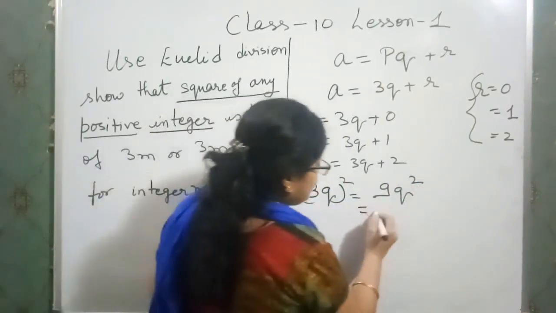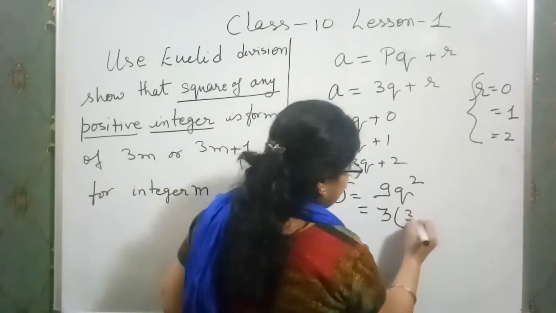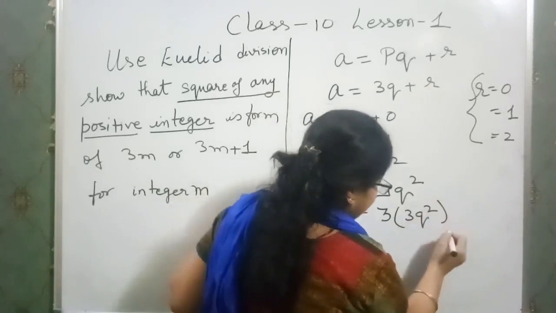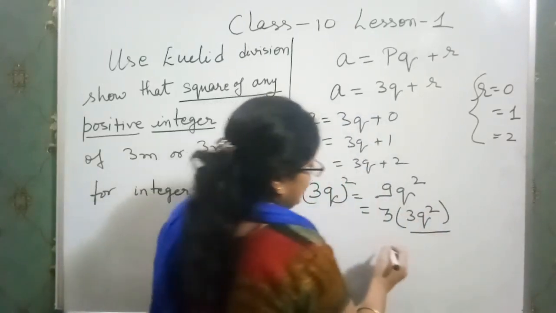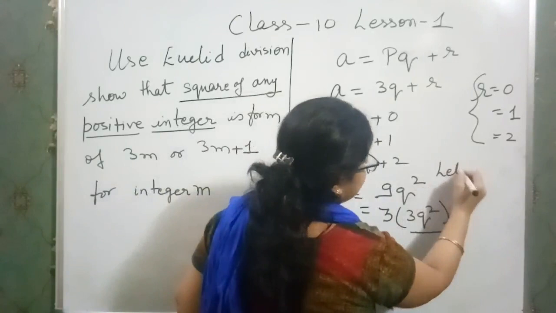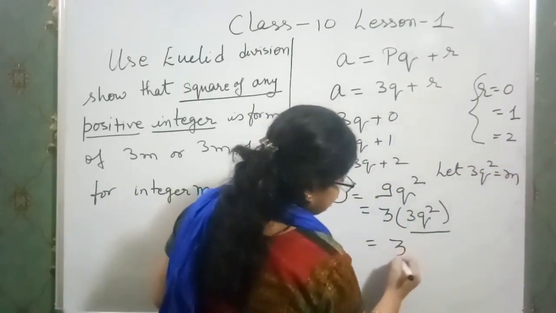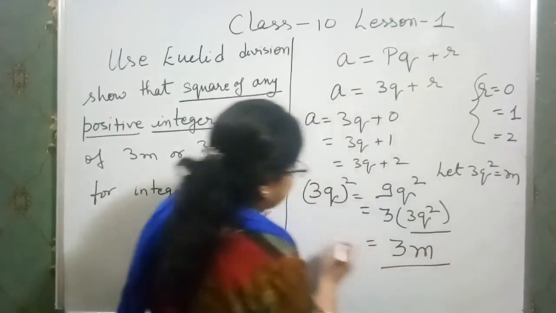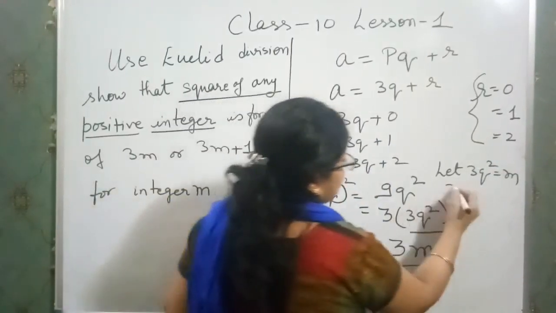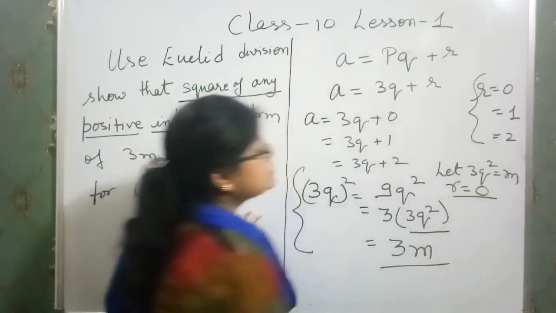Clear? So we just take 3 common and we have 3q squared. In place of 3q squared, I just write let 3q squared be equal to m. So we have it in the form of 3m. This is for the case when we take r is equal to 0.